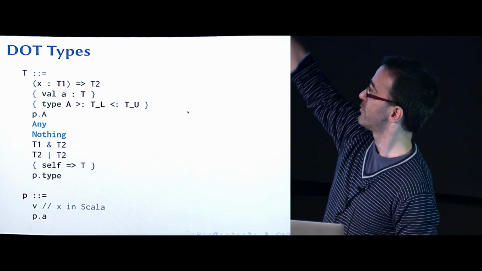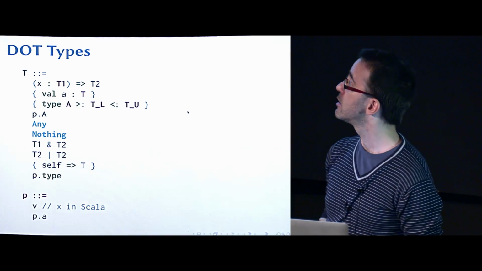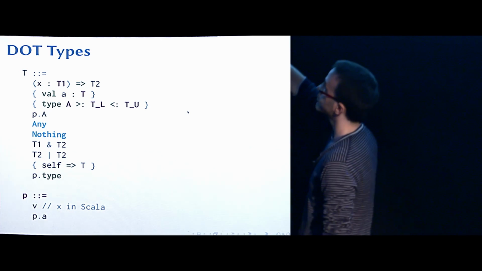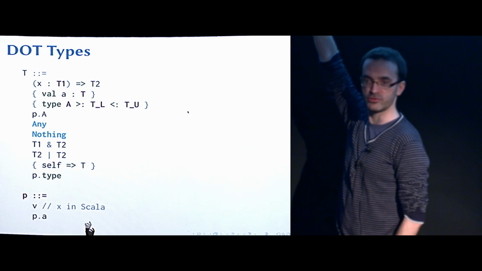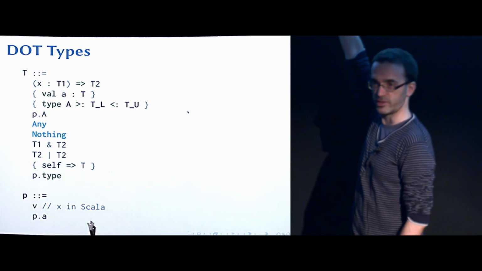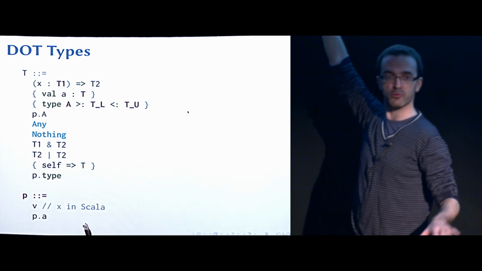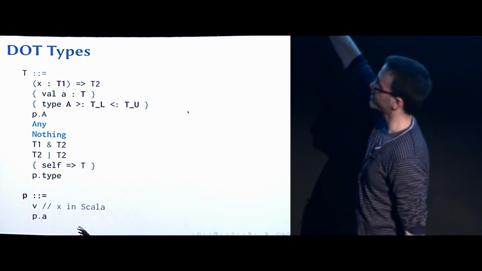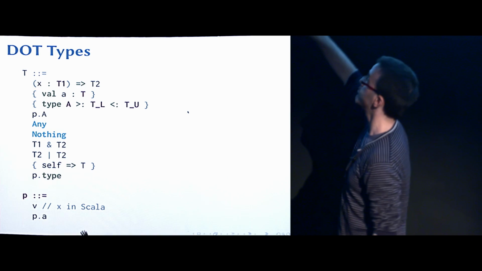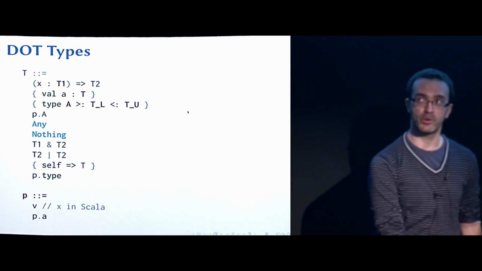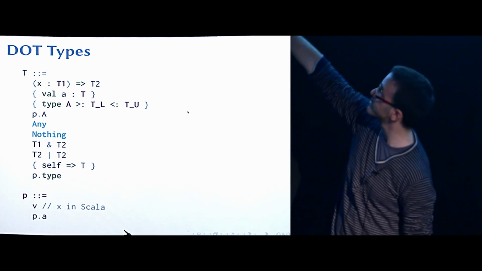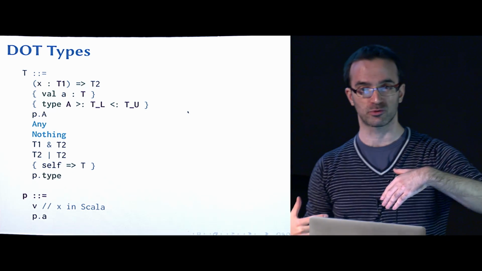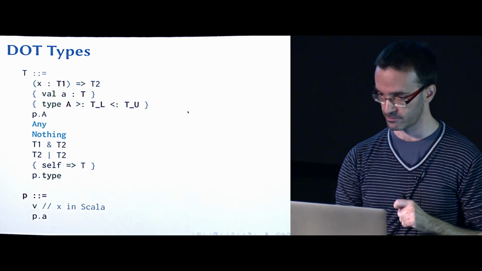Then we have types Any and Nothing, intersection and union. We have singleton types, which is the type containing just a single value. In DOT, we do not have null. Singleton types in Scala also contain null, but not in DOT. And the last thing that we have are these recursive types, self to T, which are what we use to allow record members to refer to each other.